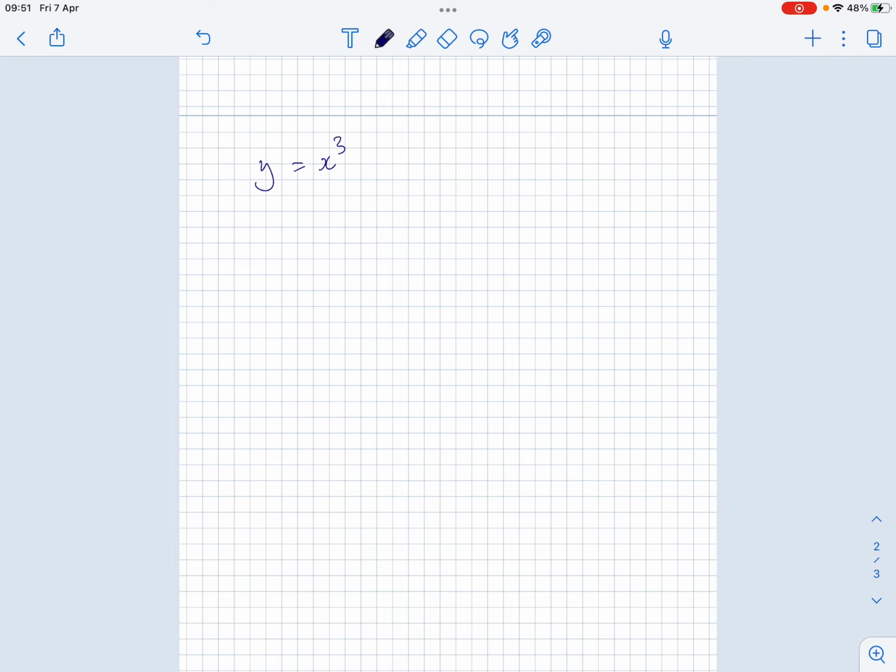If we differentiate that, we get 3x squared. That means that at x equals 0, we're going to have a stationary point. And then if we differentiate it again, we get 6x, and again that would be x equals 0, we get a point of inflection.